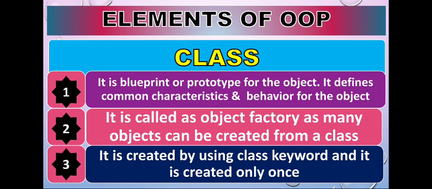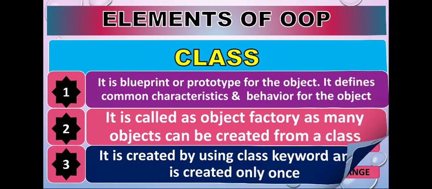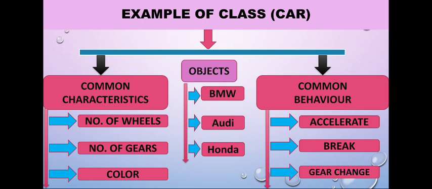And a class is created by using the keyword class, and it is created only once. Look at the example here. I have given an example, car as a class. Now car defines common characteristics and common behavior, like common characteristics: number of wheels, number of gears, color.